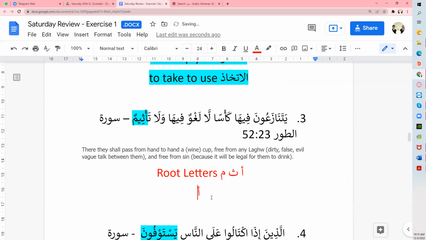The madi would be as-sama. So the passive would be, what's here? U here. There's fathah here. So the middle would be usimu, usima. Because madi always ends with a fathah.